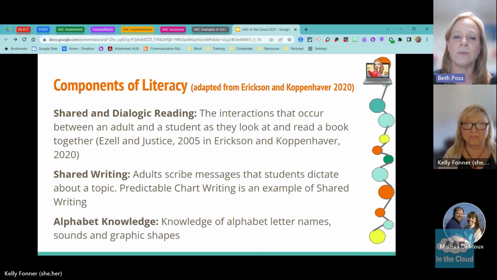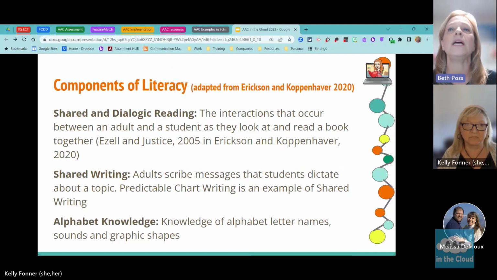So let's go through some of those components. This is based on the work of Erickson and Copenhaver from their fabulous book, Comprehensive Literacy for All, that they published in 2020. So let's talk about those pieces of literacy instruction. Shared or dialogic reading, right? Those are the interactions that occur between the adult and the learners as they look at and read a book together.